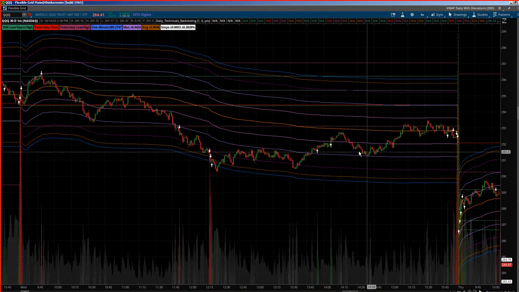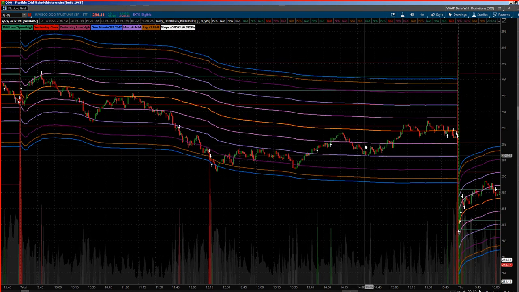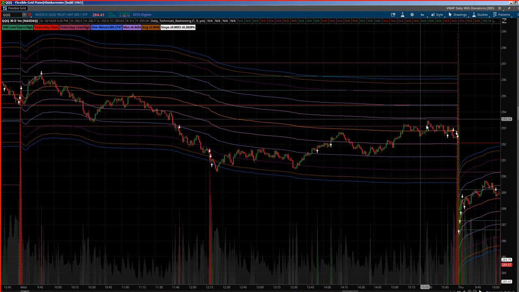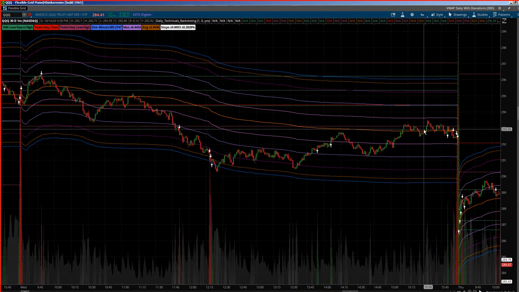Like you can see, the stock always follows the bands. When it breaks, it just trades between those bands.